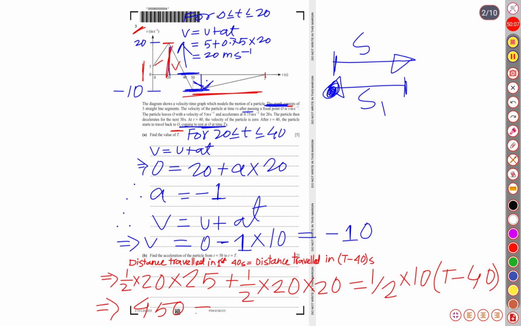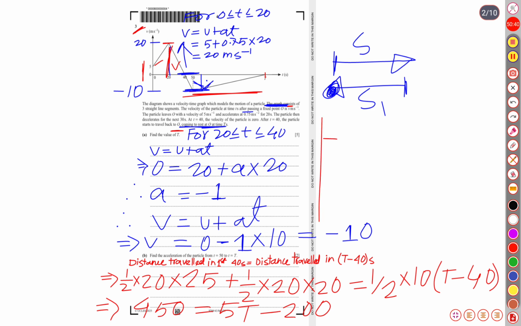On the right side, if we divide 10 by 2, it is 5. So 5t minus 200.